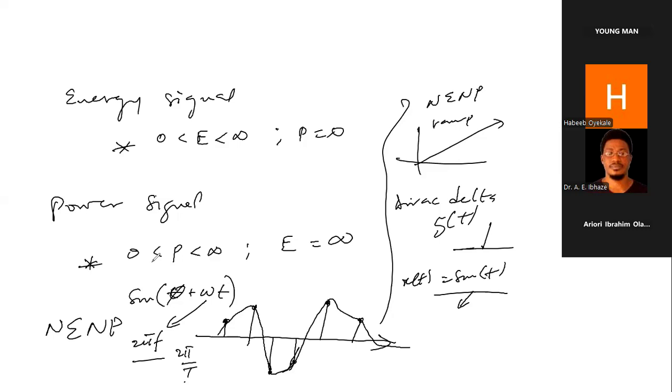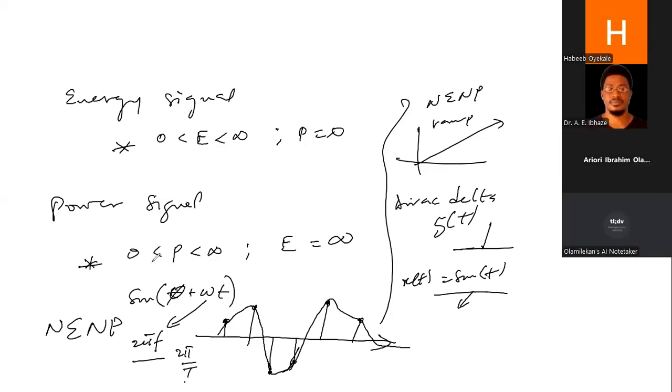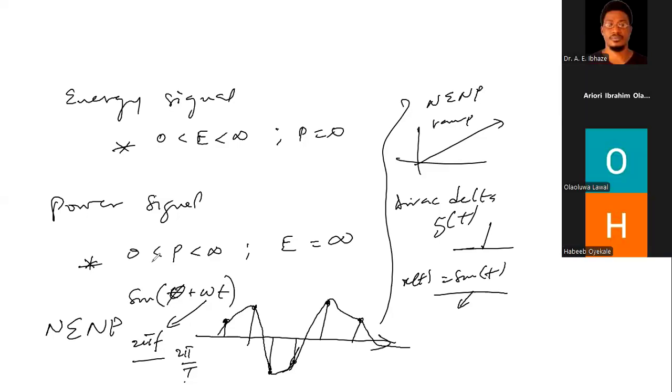Habib, you can go ahead, please. When you were explaining energy signals, you said that all energy signals must be capable of undergoing Fourier transforms. What about power signals? Do they fall under the same condition? Now, what you ask is, are power signals absolutely integrable?